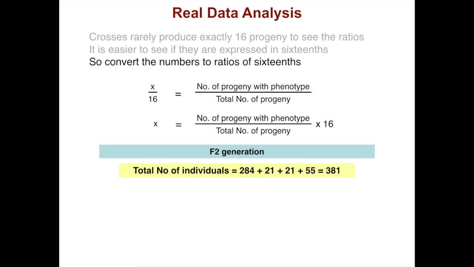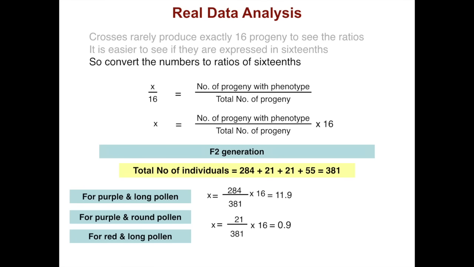So in the F2 generation, this is drawing upon the data from the last slide, we got these number of individuals, 284 of the purple and long pollen. That is an 11.9 when you express it in 16ths. For the purple and round pollen and the red and long pollen, you get 0.9.